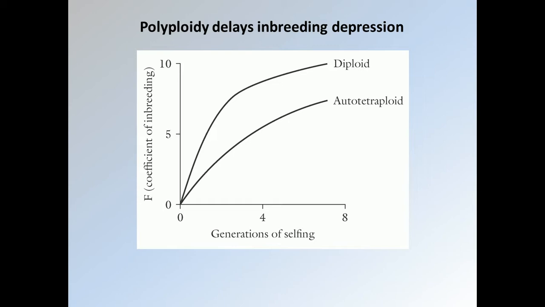But that leads to other problems: homozygosity can be bad if deleterious recessive mutations become homozygous. At the heterozygous state, you won't see any problems because the dominant normal, or okay, allele will be expressed. But if you have homozygous deleterious mutations, then you start to see defects in the plant, and that's what is called inbreeding depression.